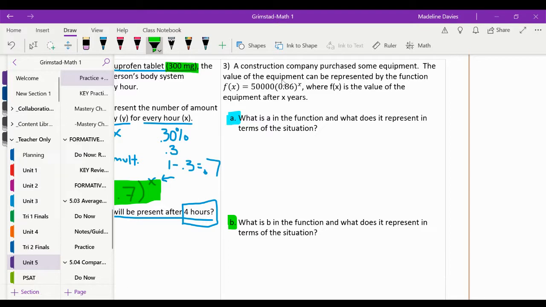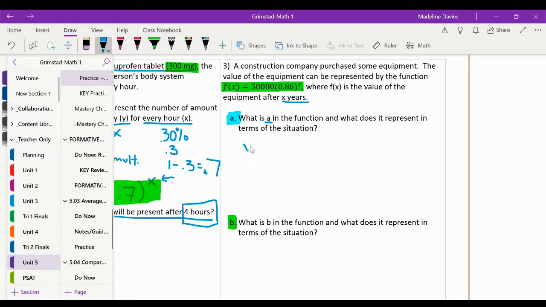The value of the equipment can be represented by the function f of x equals 50,000 times 0.86 to the power of x, where f of x is the value of the equipment after x years. So we're wondering, what is A in the function, and what does it represent in terms of the situation?